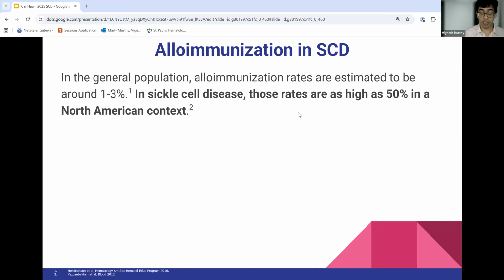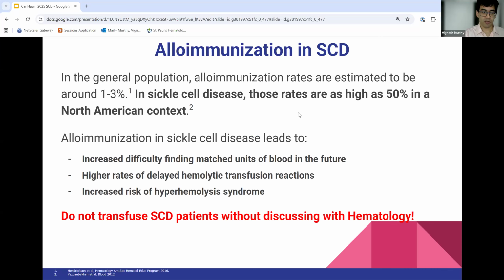In sickle cell disease, especially in the North American context, those rates are as high as 50%, so much more significant. What that means for patients is once they have an alloantibody, it is harder to find matched units of blood in the future, because now you have to find units that are negative for whatever that antigen might be, and it might be a rare one.